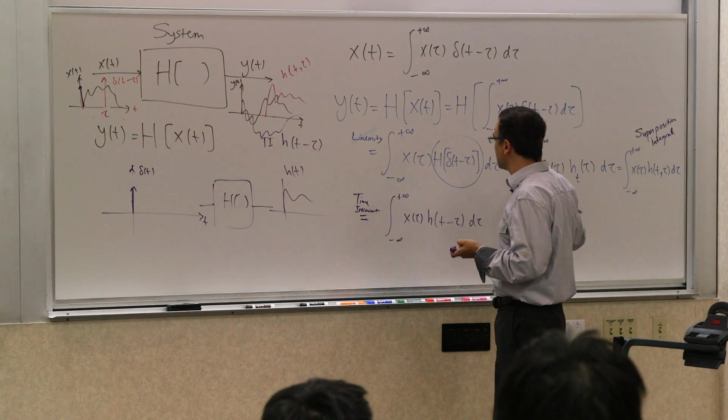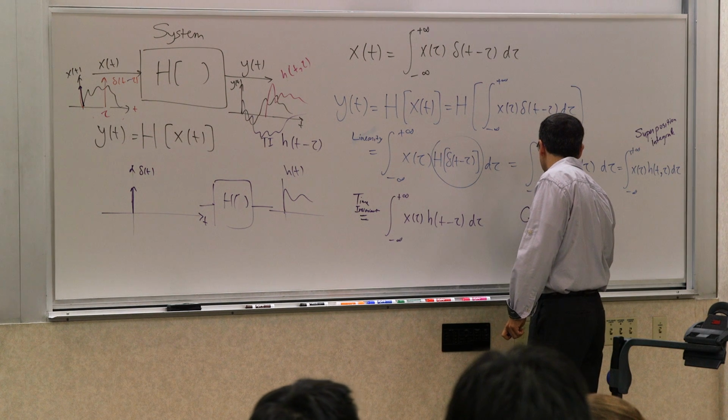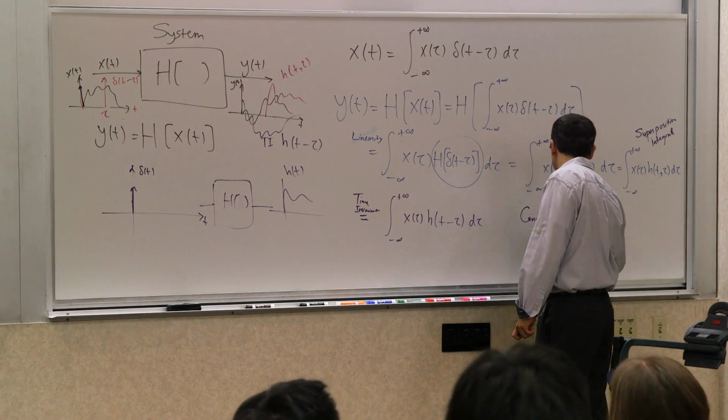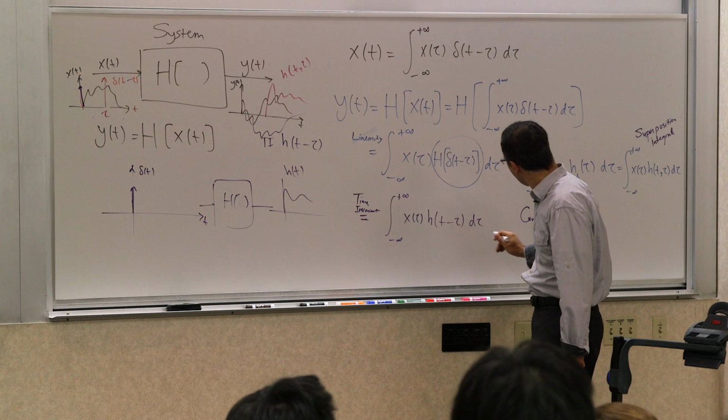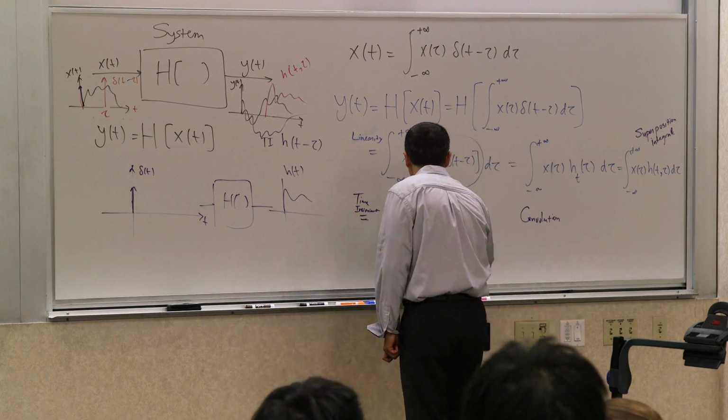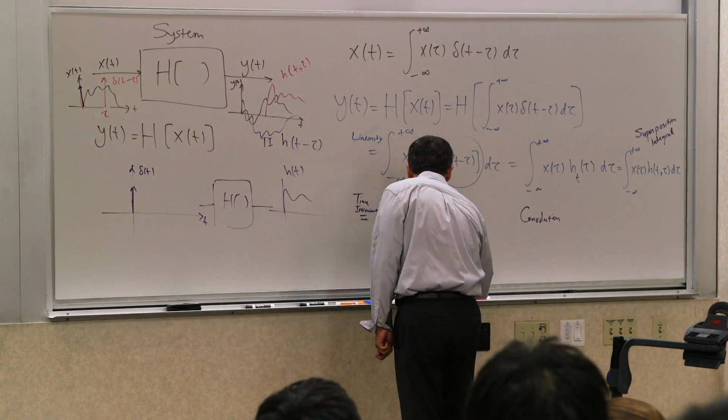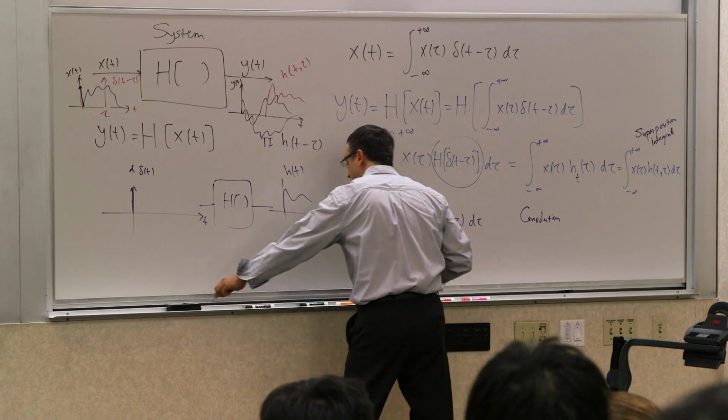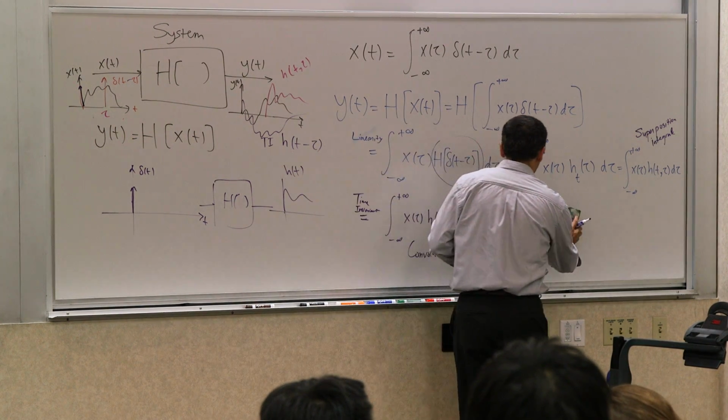But more accurately, superposition. This is called the convolution integral because it defines a very important operation, extremely important operation, between two functions, the x and h.